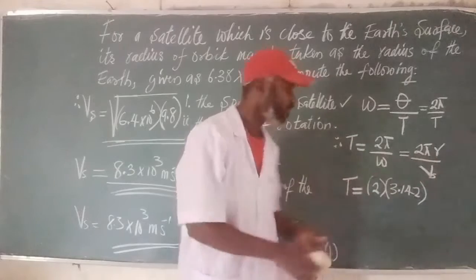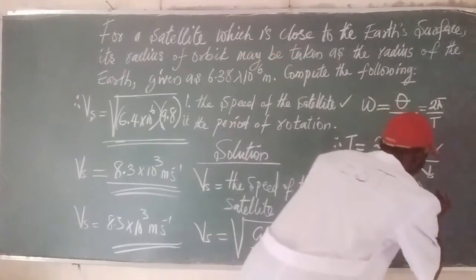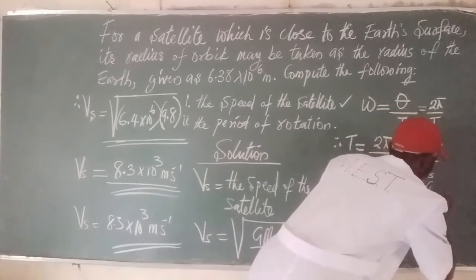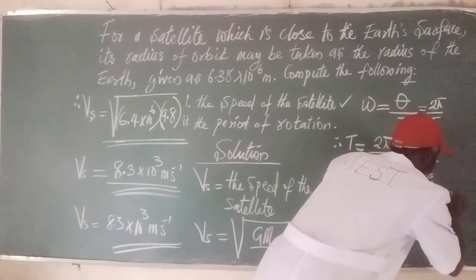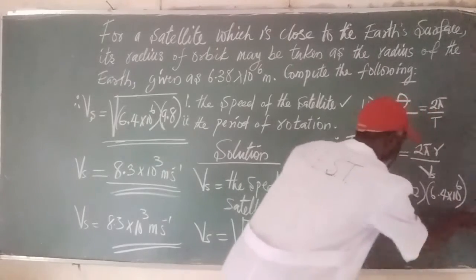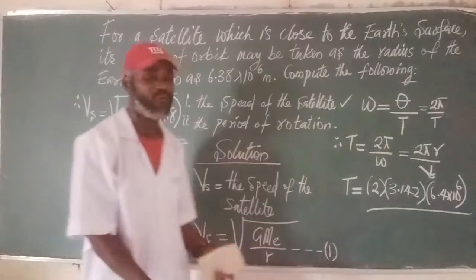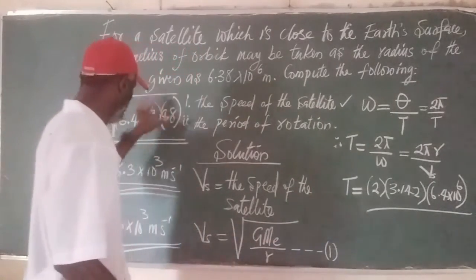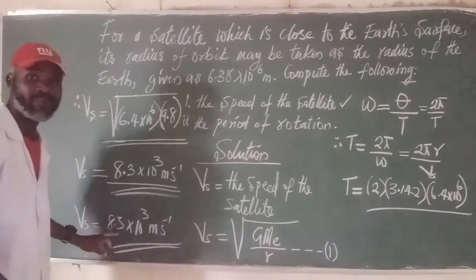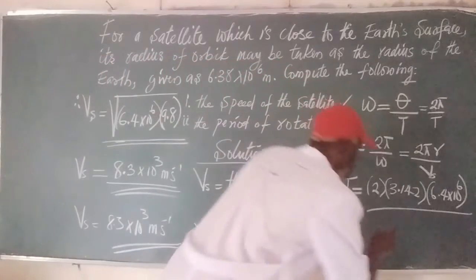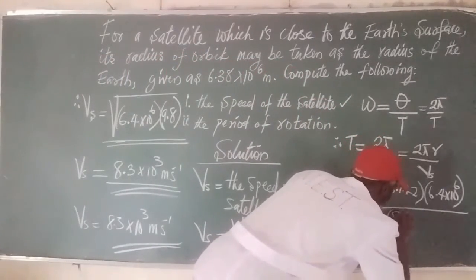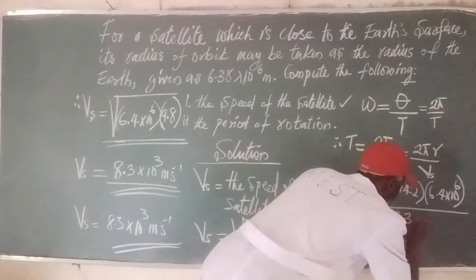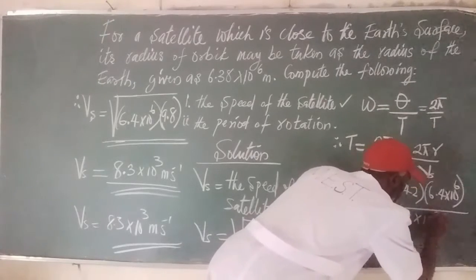Radius r is taking this value, which is 6.4 times 10 raised to the power 6, close, all over the speed of the satellite, which we found to be 8.3 times 10 raised to the power 3.